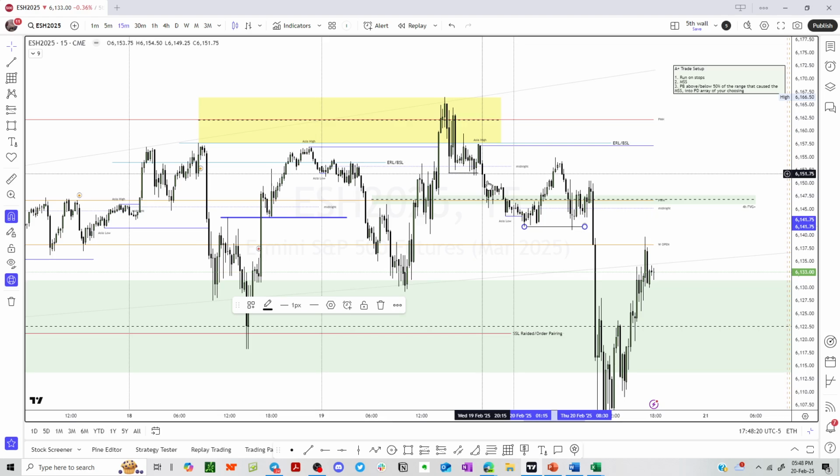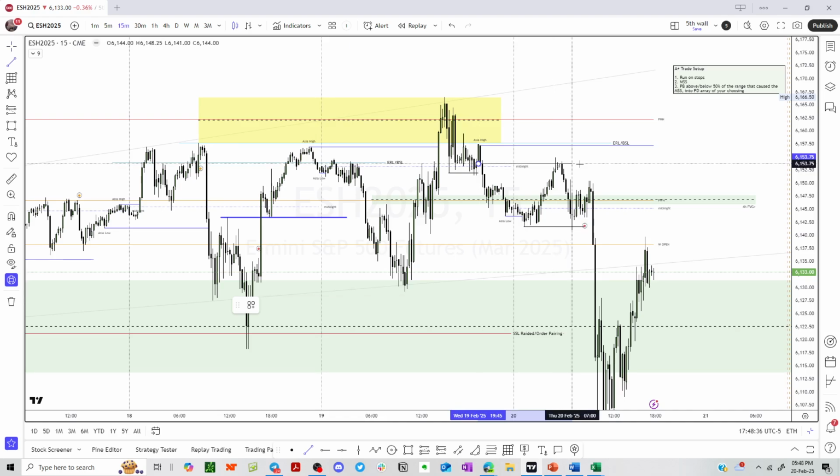This is pretty much the end of the London kill zone. You can say that's an order block here. Right, got an order block.